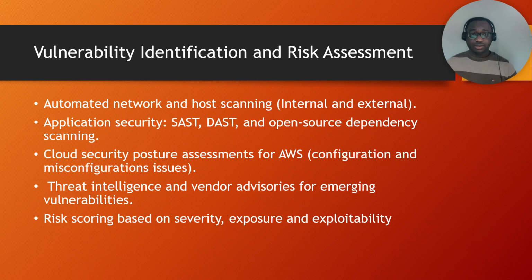Our proposed program uses several complementary methods for vulnerability discovery to ensure comprehensive coverage across our environment. These methods include automated network and host scanning for both internal and external resources, application security testing, static application security testing (SAST) and dynamic application security testing (DAST), and open source dependency scanning.